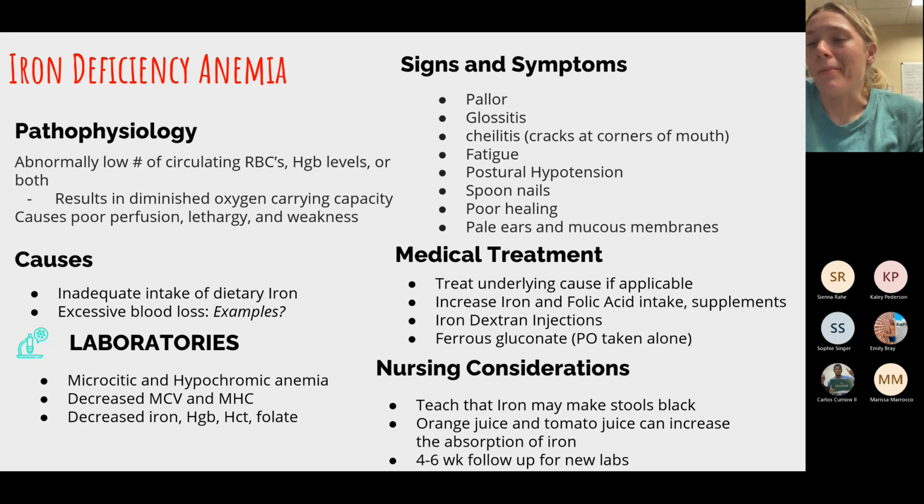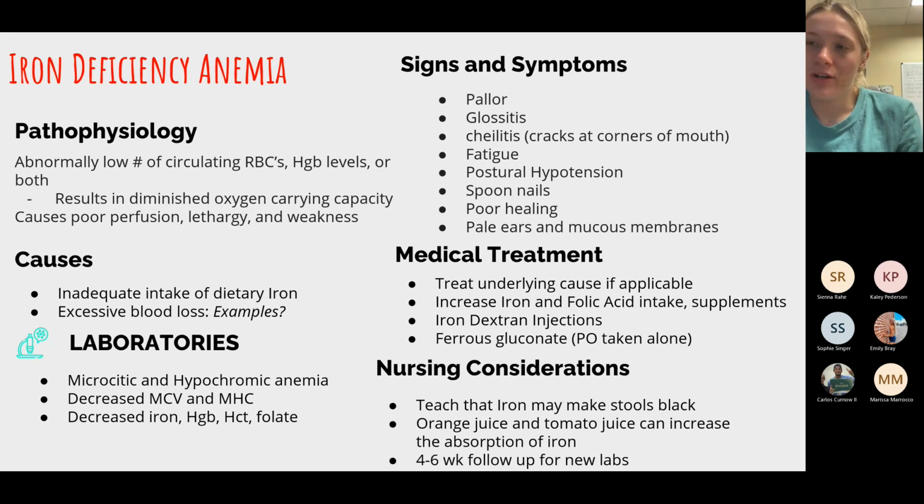When we're talking about treatment, if there's an underlying cause, such as blood loss, we're going to do some packed red blood cells. But if it's just dietary, we're going to have them either take some supplements or increase their red meats, and review different types of foods that are really high in iron.